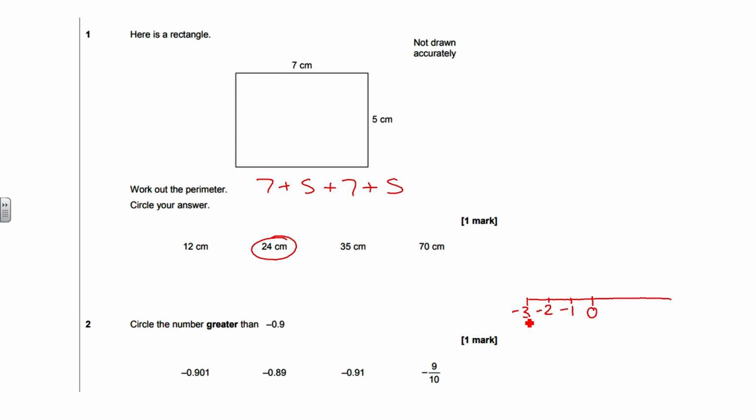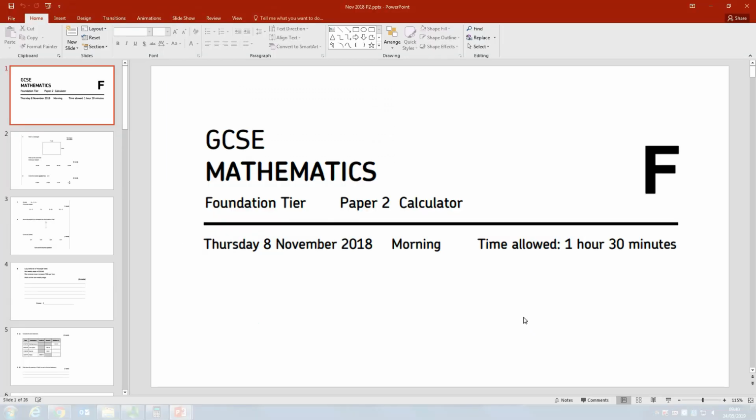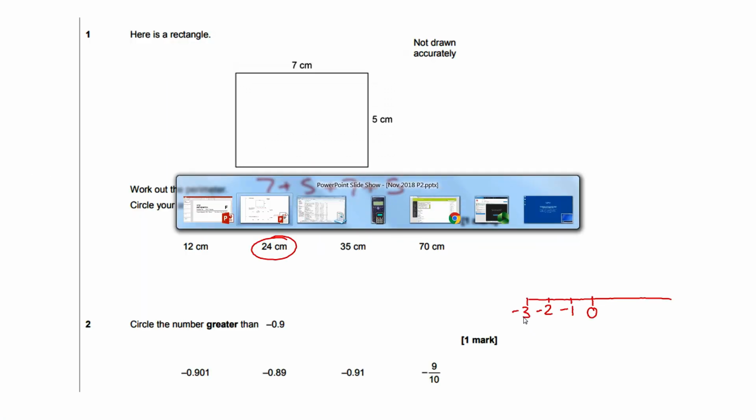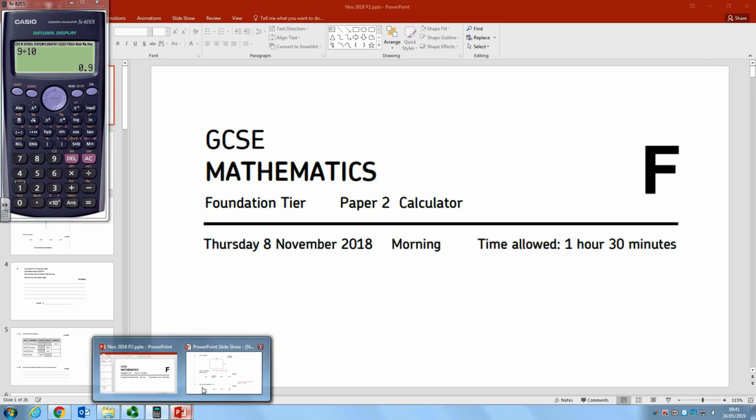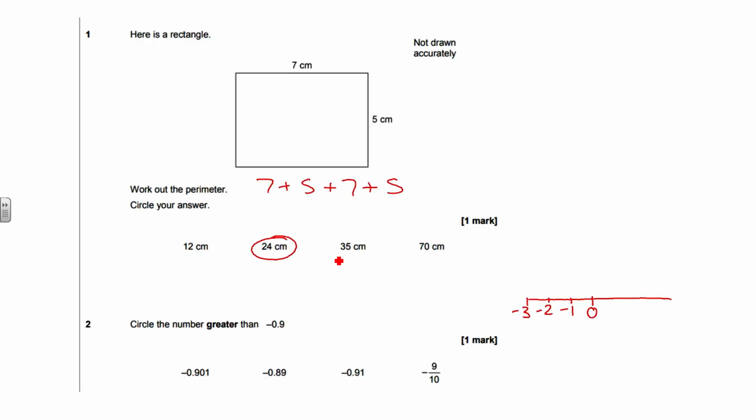Now a quick check on my calculator will confirm what I already know, which is that 9 over 10 as a fraction is equivalent to 0.9 as a decimal. There it is. So I can now say that is also negative 0.9, always worth getting them all in the same format.